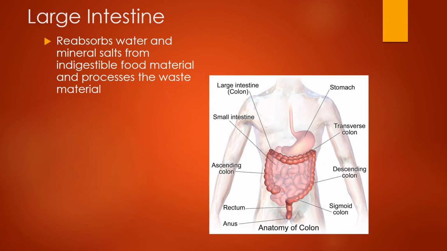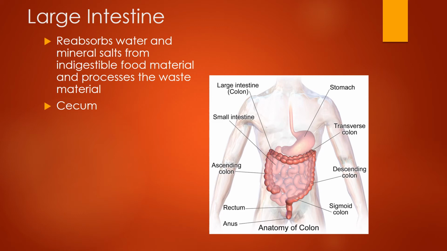The large intestine reabsorbs the water from indigestible food material and processes the waste material. The human large intestine is much smaller in length compared to the small intestine, but larger in diameter.